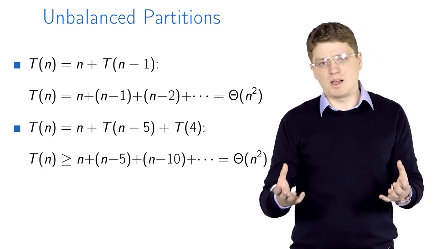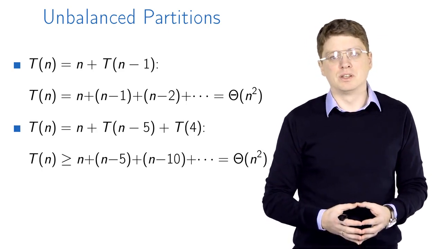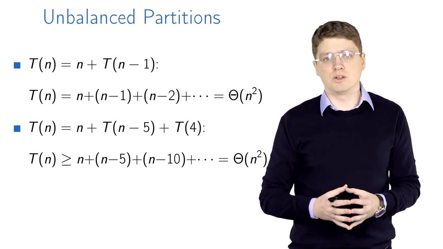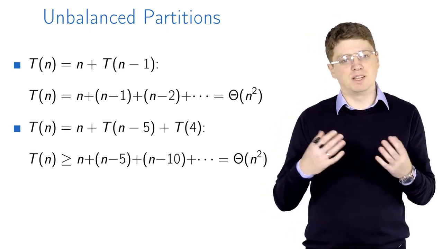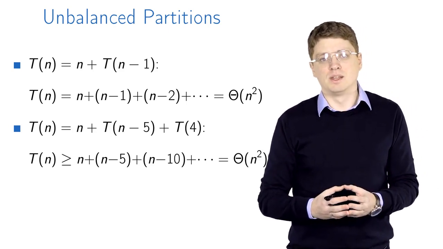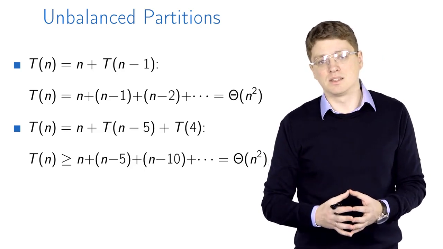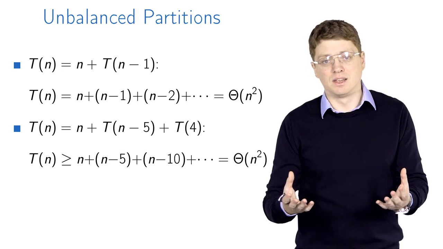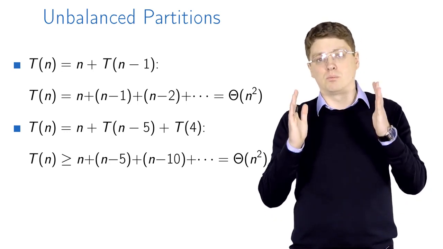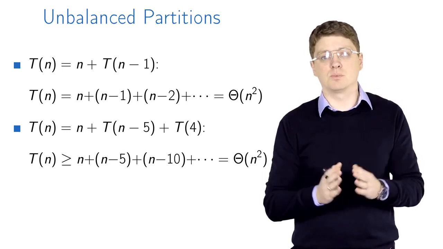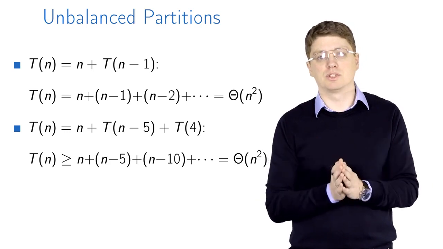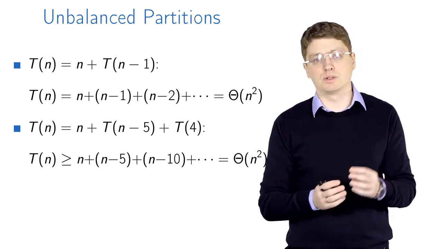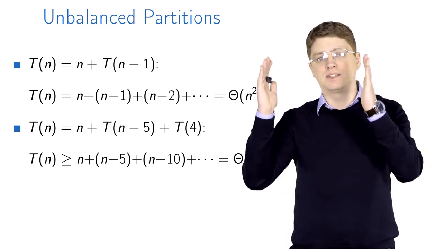Assume that somehow we always partition into two parts such that one of them has size, for example, n minus 5, and the other one has size 4. First of all, note that both these cases correspond to very unbalanced partitions. In the first case, we have two parts, one of size 0 and one of size n minus 1.